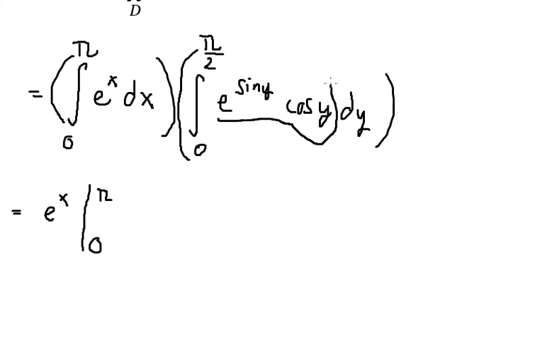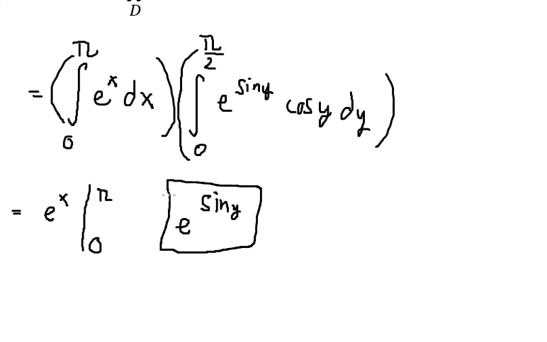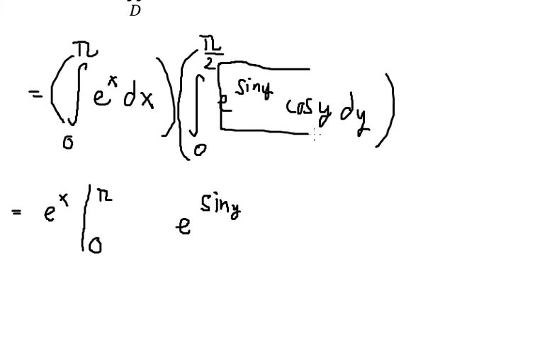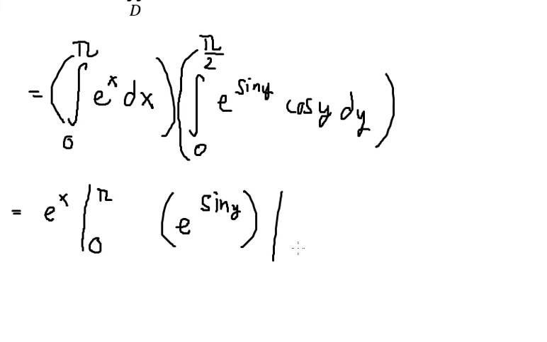The integration of this one, we will have e to the power of 2y, because if we take the derivative of this one first, you get this one. And we put the bounds from 0 to b over 2.